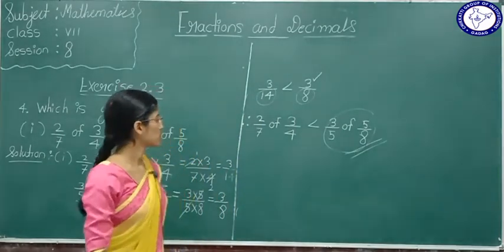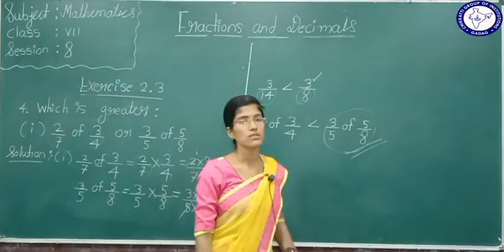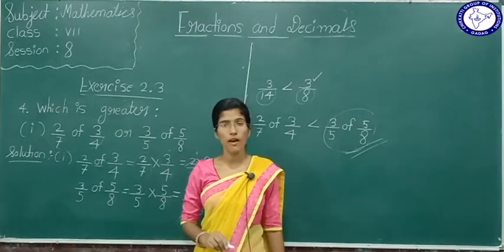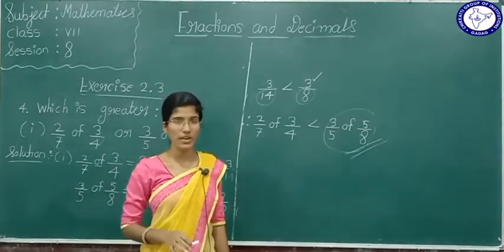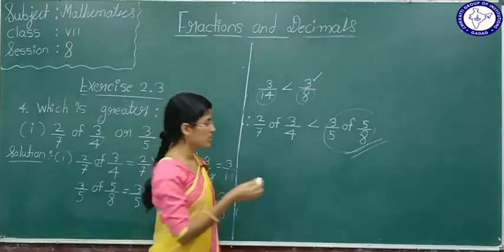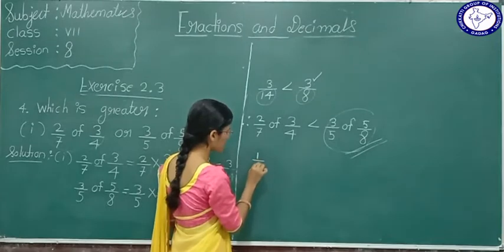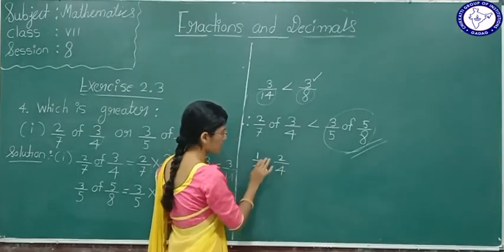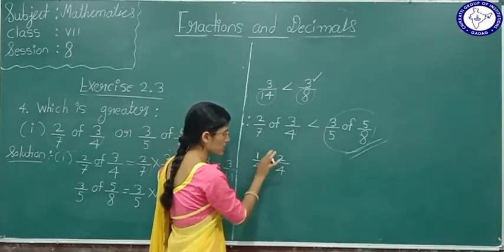So what we have to do? In a similar way, you have to compare the fourth one's second part also, okay. You have to solve that. See, here I will just revise for you. In comparison of fractions, suppose the denominators are same, if the denominators are same, then which fraction is the bigger fraction? This fraction is the bigger fraction.